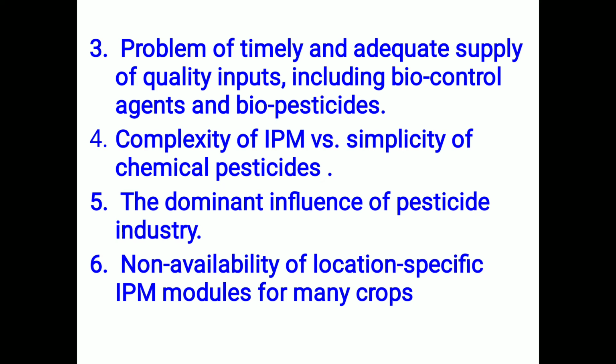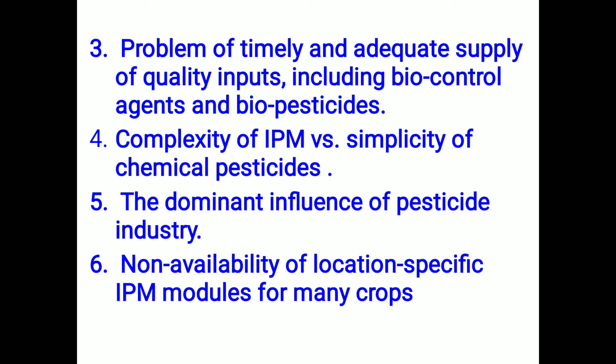The third obstacle is the problem of timely, adequate supply of quality inputs, including biocontrol agents and biopesticides. Suppose a group of farmers, or a farmer, wants to implement the IPM module for a particular crop.